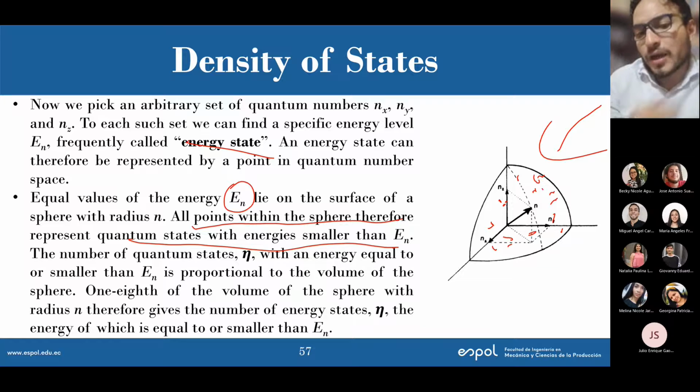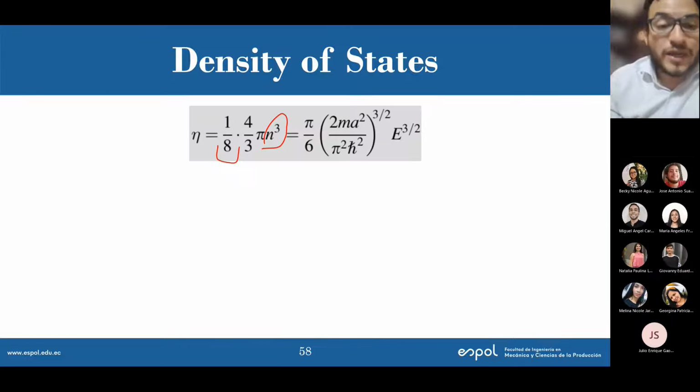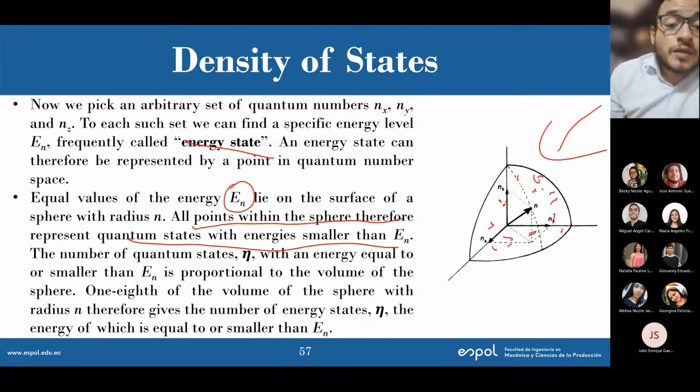It's an eighth of the sphere. And therefore, this is giving me the number of energy states that have an energy equal to or smaller than En, equal to or smaller than the maximum energy.